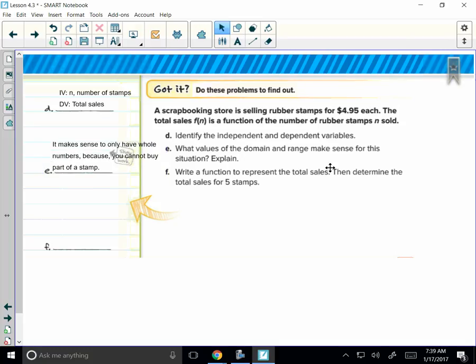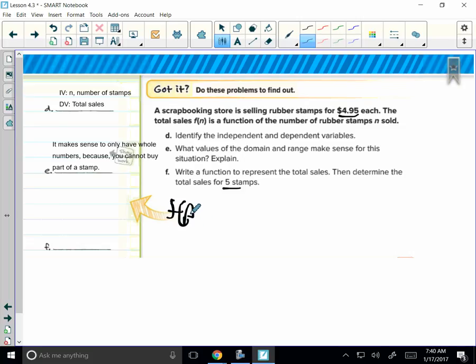Now right here it says to write a function to represent the total sales, then determine the total sales for $5. And I think most of you would be able to say, okay, if each stamp is $4.95 and I get 5 of them, boom, I'm going to multiply. But realize you're also writing a function, right? Because we have F of n. F of n means that it is a function.